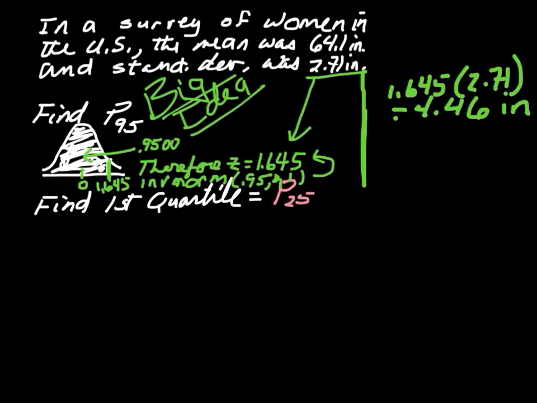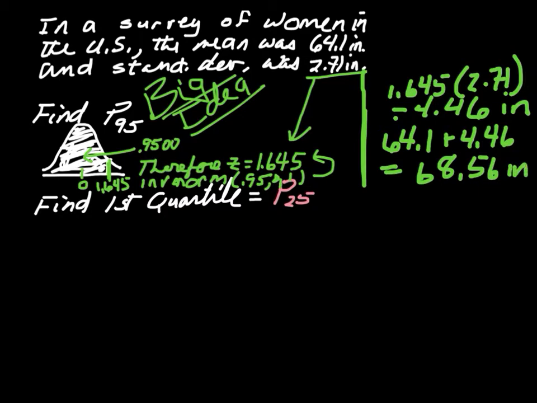That's right, I need to add. So I take 64.1 plus 4.46, and that gives me 68.56 inches is going to be the 95th percentile.